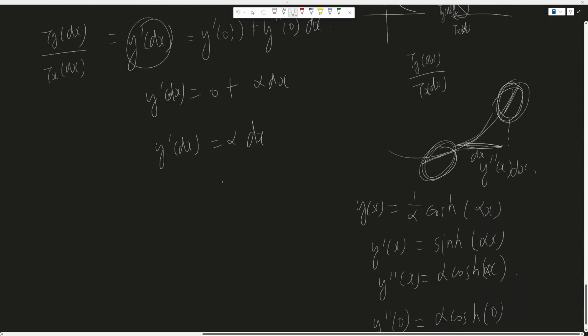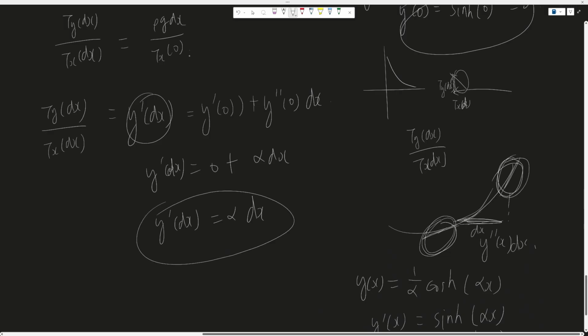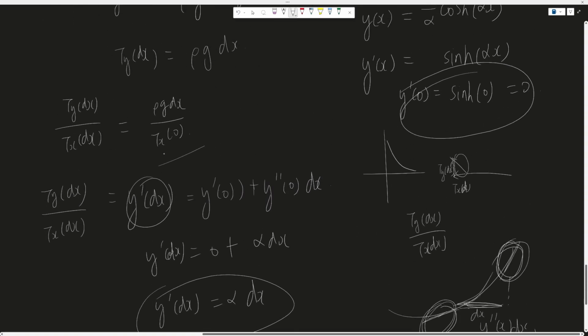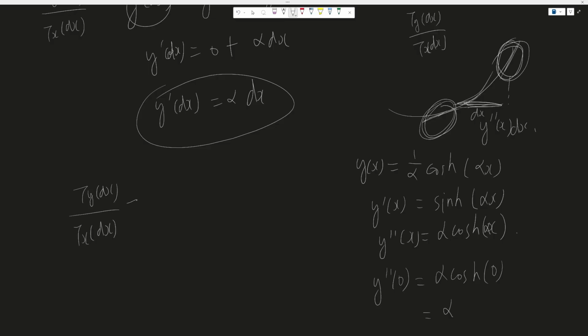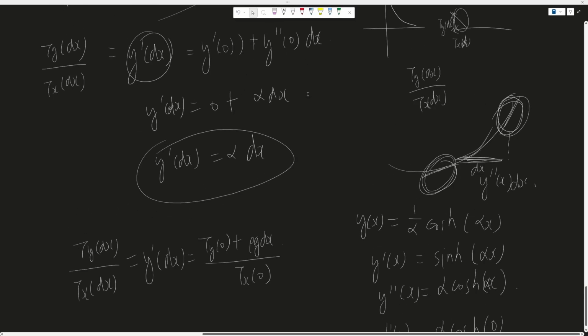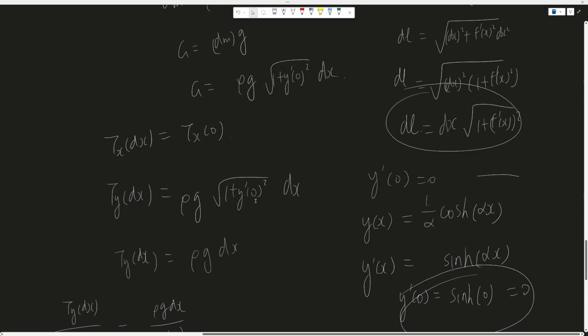And we wanted this because we want to equate this thing to this thing here. So let's do that now. We have ty dx over tx dx equals this thing here, y prime dx. And then we can write tx of 0 equals ty of 0 plus rho g dx. So this is basically writing the formula here.